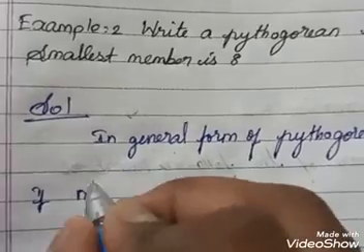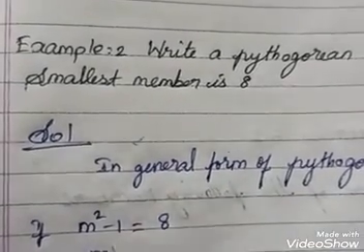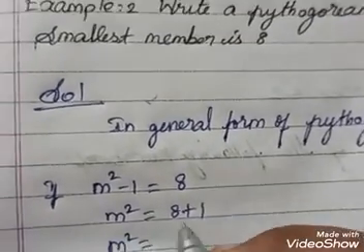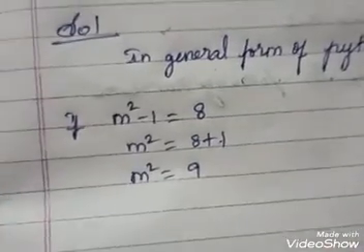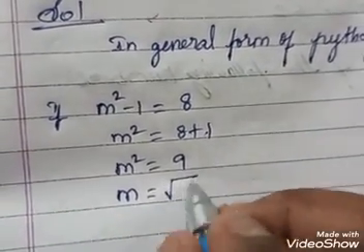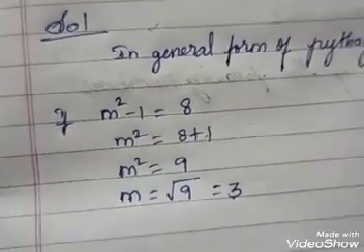If m square minus 1 is equal to 8, then m square is equal to 8 plus 1, which is 9. So what is the value of m? m is the square root of 9, which is equal to 3. So we get the value of m.